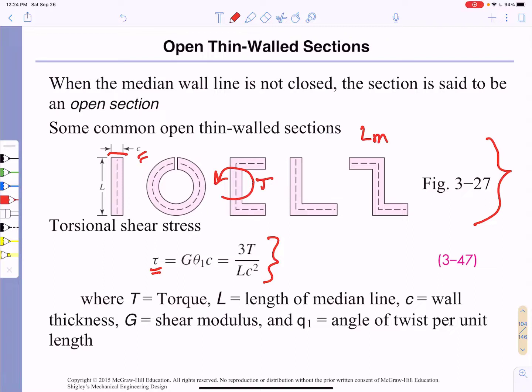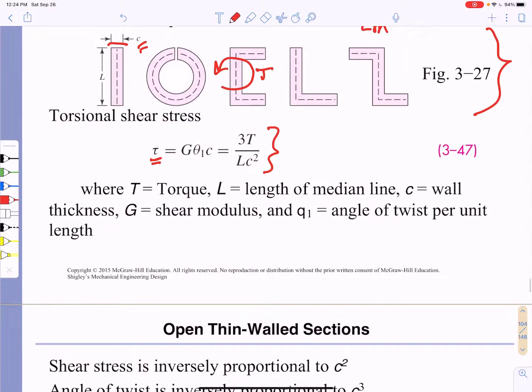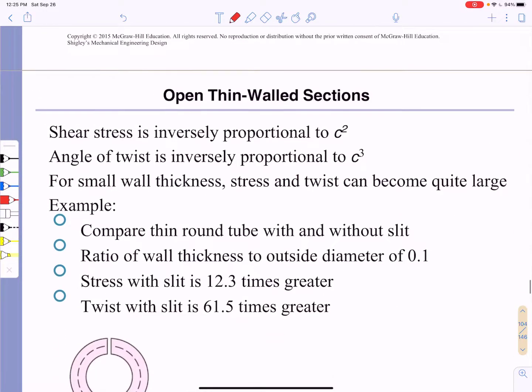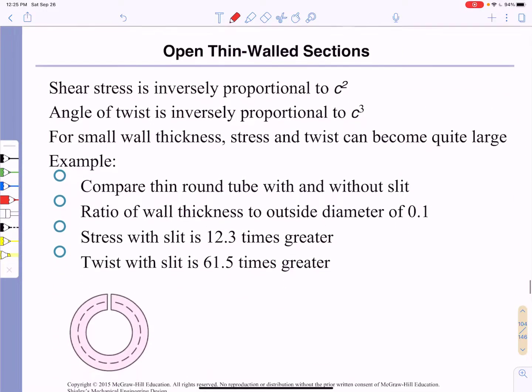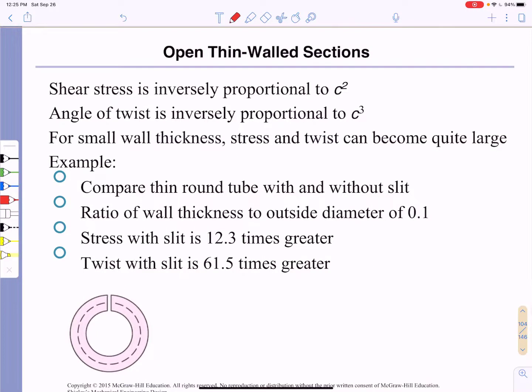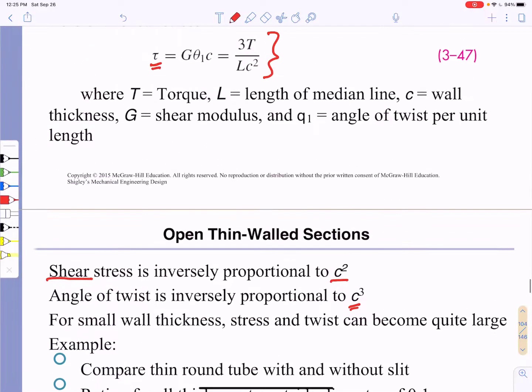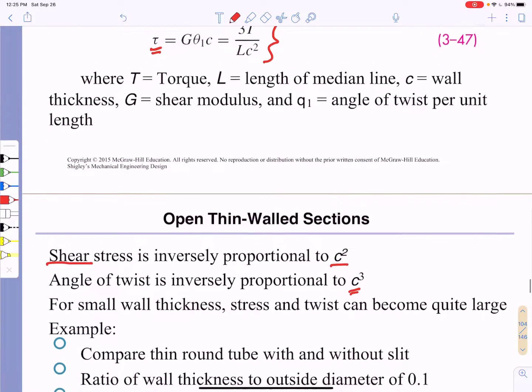G is the shear modulus, and theta is the angle of twist per unit length. So these are not recommended for carrying shear. Open thin-walled sections, you'll notice that the shear stress is inversely proportional to the square of the thickness, and the angle of twist is inversely proportional to the cube of the thickness. So that's kind of an important thing.